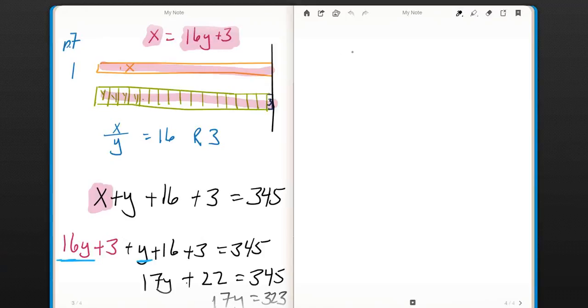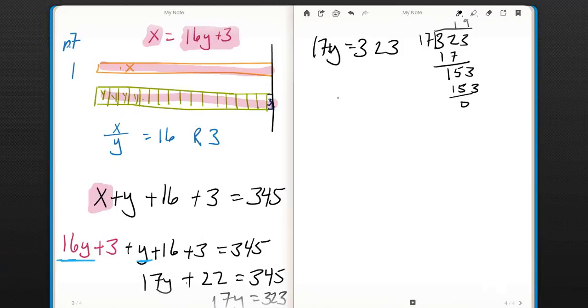And if 17y is equal to 323, I paused and did the division. I even did long division this time. It's not a bad thing to do long division. Sometimes mental math is more work. So the value of y is 19.